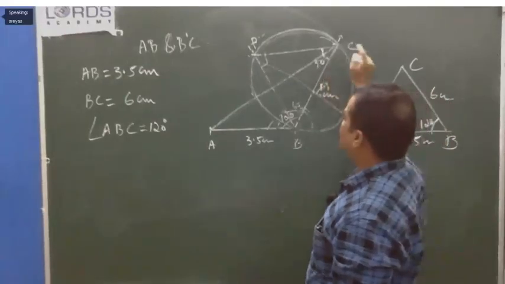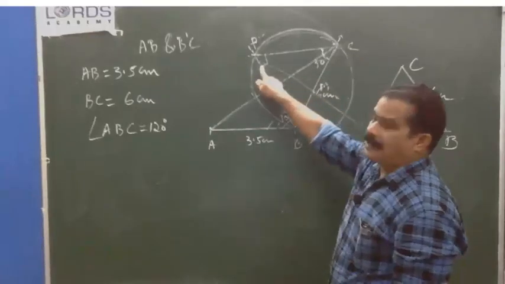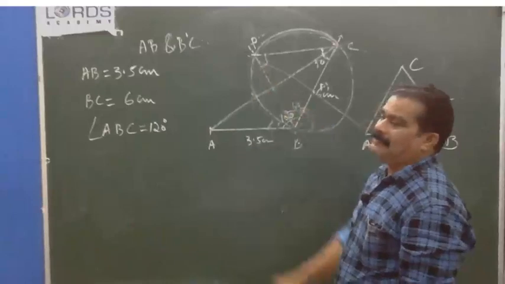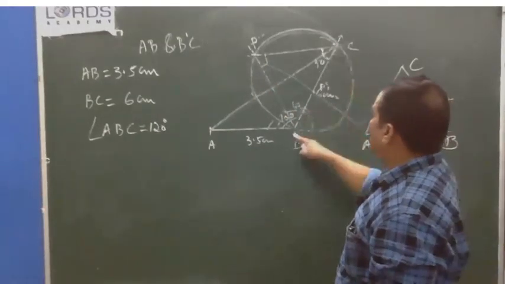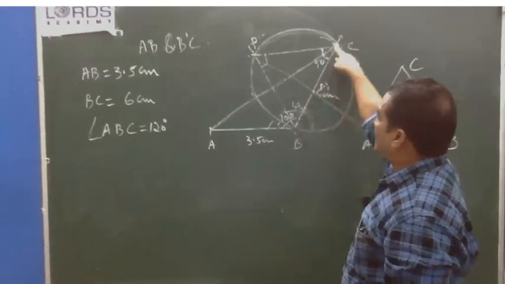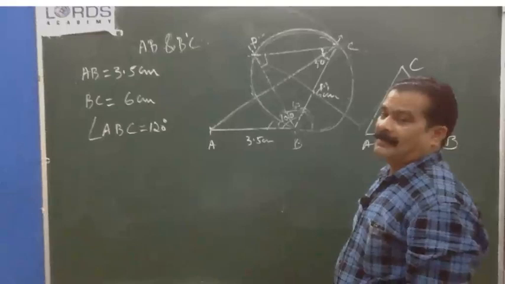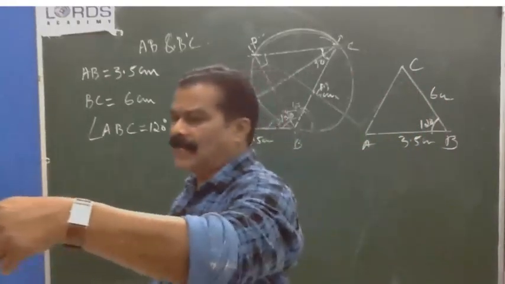What is that? Come on. This 90 will be angle in a semicircle. Here we take BC as a diameter. Who is talking there? Who is telling like that?